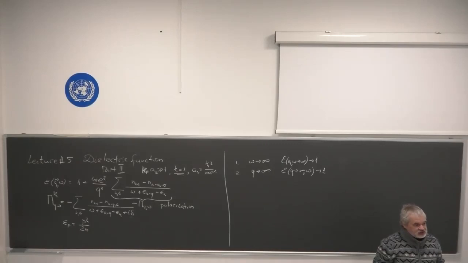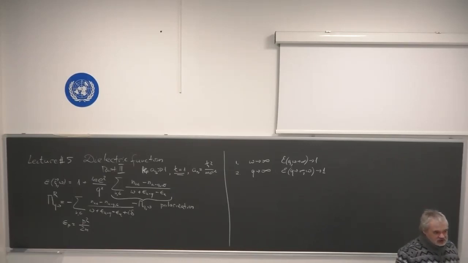Let's now discuss the properties of the dielectric function in two limits, namely omega goes to 0, q goes to 0, but we discuss it in two possibilities. We first of all consider the limit when omega is not 0, but q goes to 0. This is one possible limit.